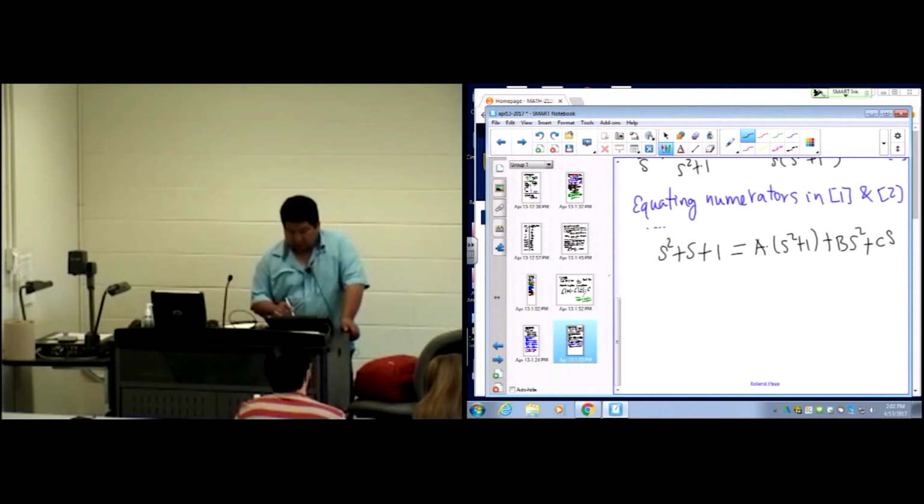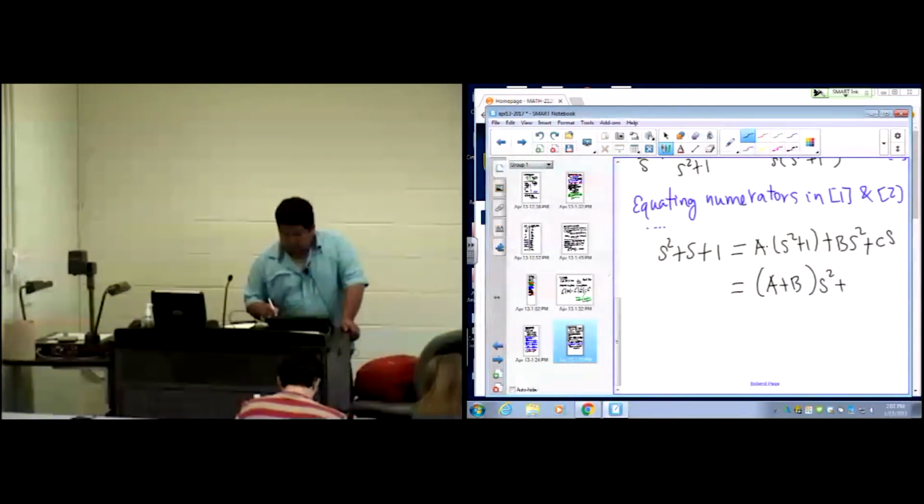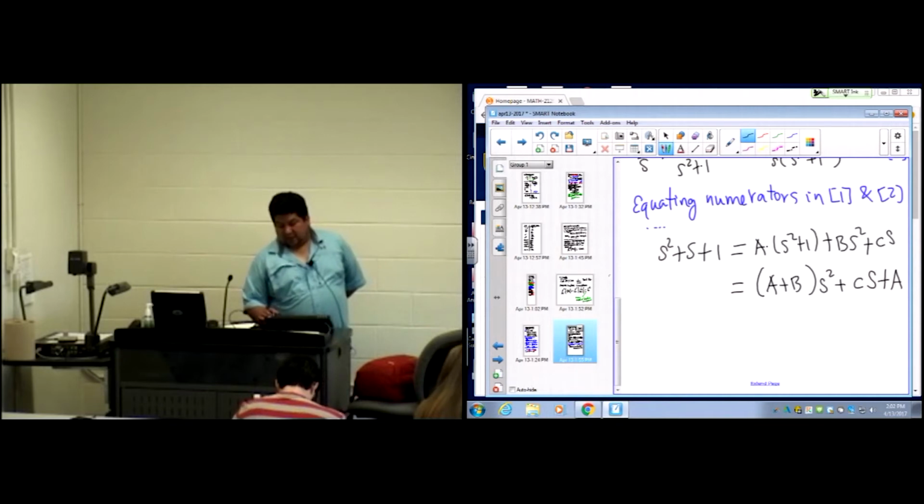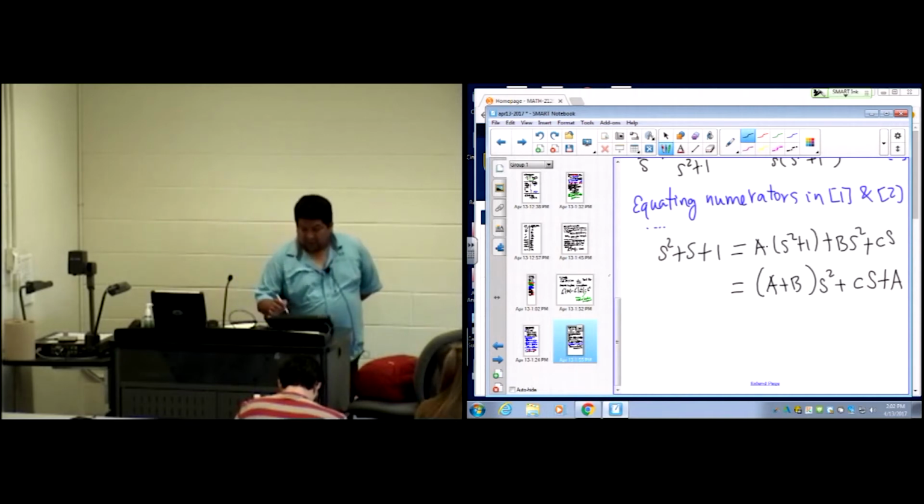So by equating the coefficients, we have 1 equals A plus B, and also 1 equals C, and we also have 1 equals A. So A is 1, C is 1.